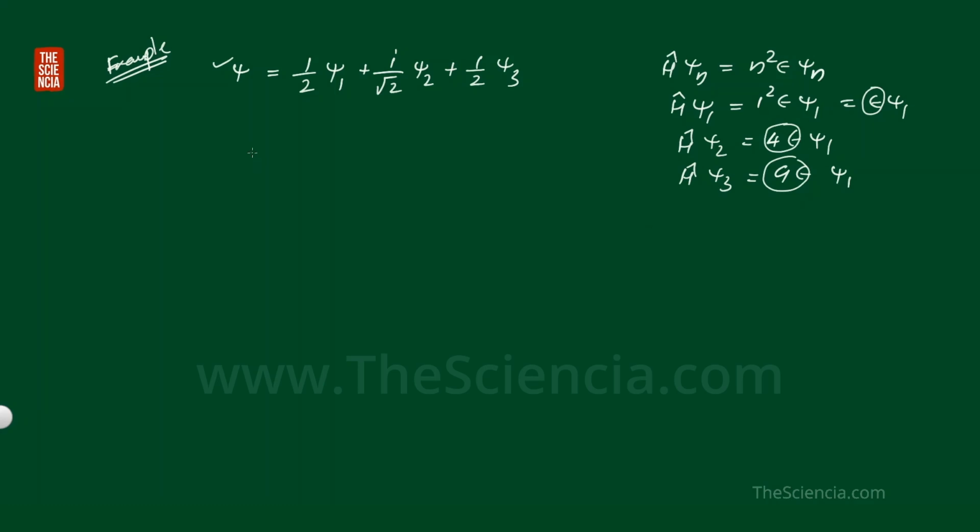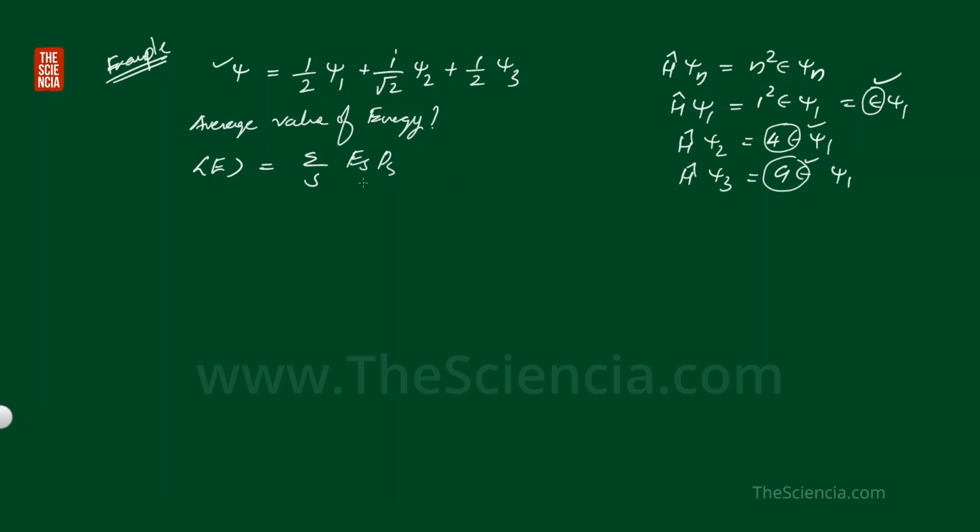Okay, so the question is to find the average value of energy. So we know the average value of energy is equal to summation over s of E_s P_s. Here we got the E values: E1 is this one, E2 is this, E3 is this.